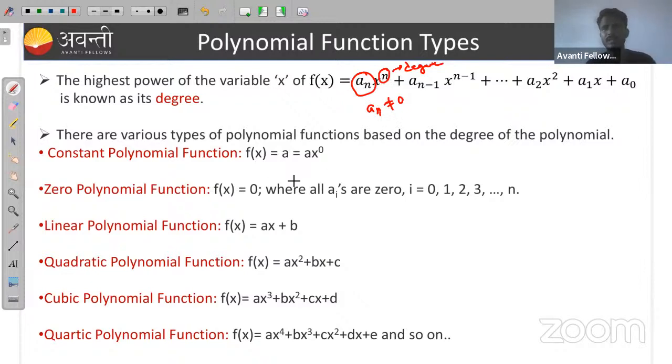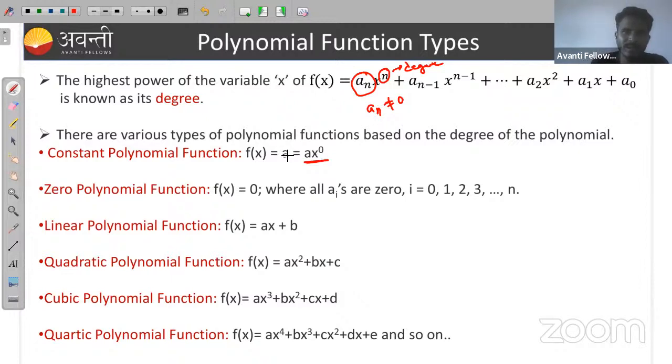So in the case of a constant, right? A constant can be written as a x to the power 0. So you can see that the highest degree of the variable is 0, and the coefficient is a. So it is a constant polynomial function, since it is a polynomial function of degree 0.